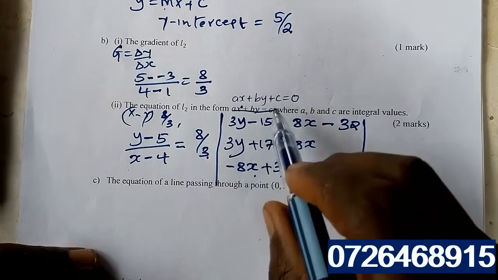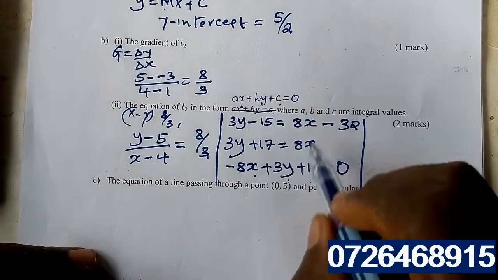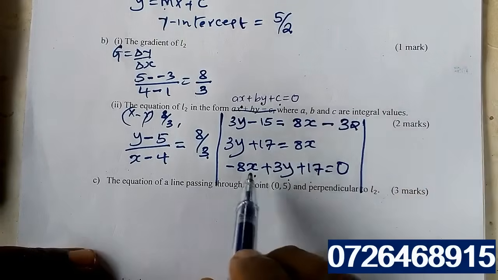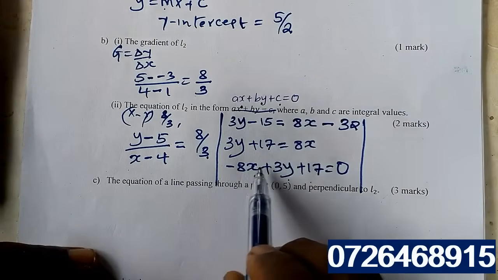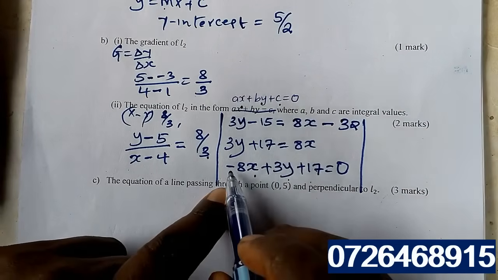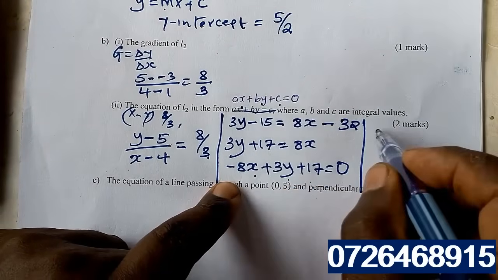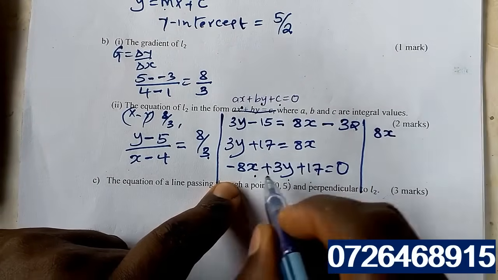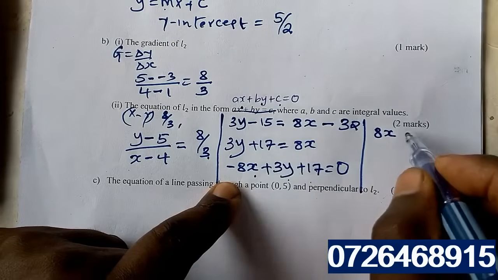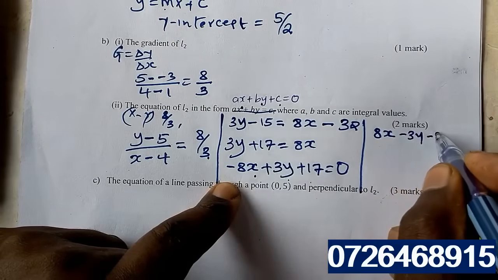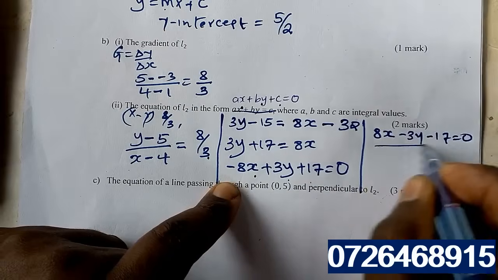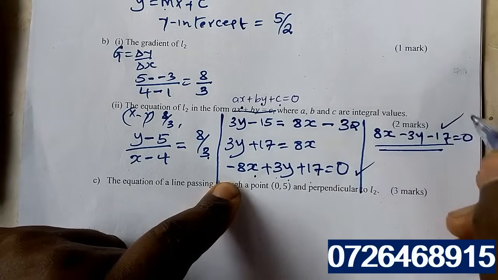X starts, y follows, c follows, then 0 finishes. If you don't want to leave it negative, it is as good as introducing a negative in this equation. We will have negative 8 times negative 1, we are going to have 8x. Negative times positive, this will be minus 3y minus 17 is equal to 0. Even this and this are still correct.